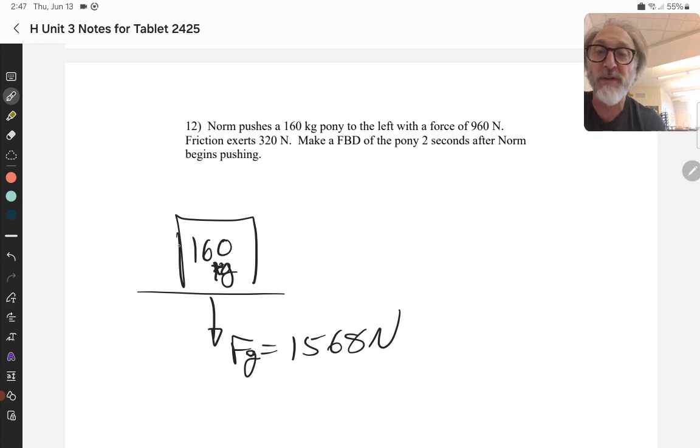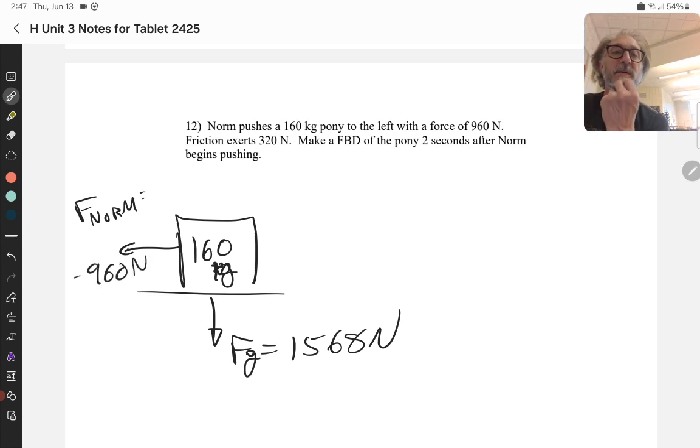Roy's pushing the pony to the left with 960 newtons. So I'm going to have normal force and Norm, so I'm actually going to write Norm's name here. It's going to be negative 960 newtons. This problem is worded horribly. We have to assume that the pony begins at rest.